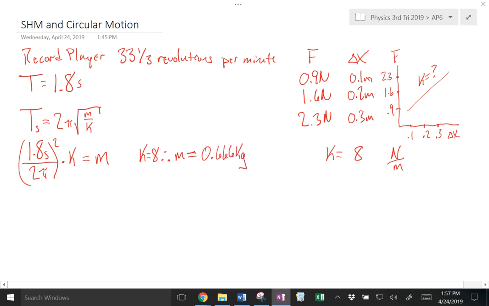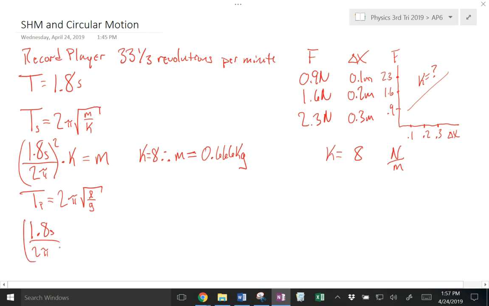And then the other one, this is in the equation sheet. The period for a pendulum is 2 pi root L over g. L's the length. So how long does that need to be? Well, again, we want a period of 1.8 seconds.